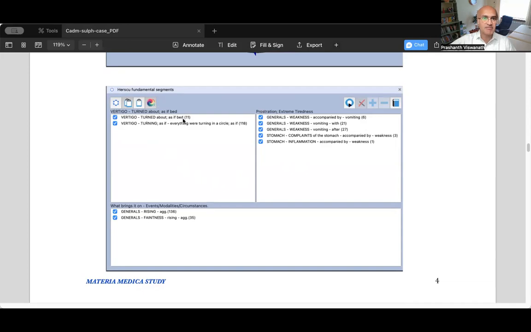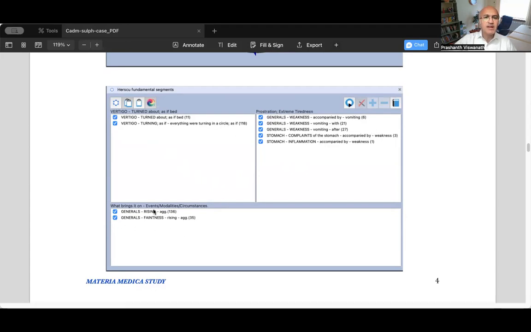Vertigo, turned about as if in bed, is the nature of the vertigo, the sensation. And I have taken related rubrics, as you can see. Then I have taken prostration, extreme tiredness, and the reason for that, which is the vomiting and the stomach disturbances. All the related rubrics related to the extreme tiredness, gastric disturbances, and the vomiting I have taken in this segment, which I call the prostration or extreme tiredness segment.